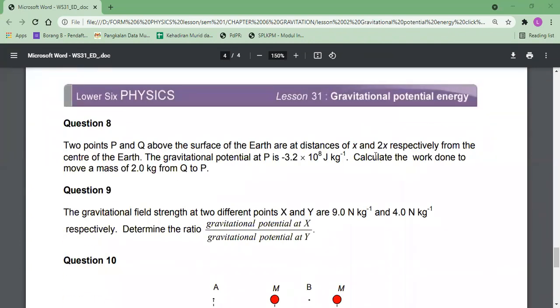Points P and Q above the surface of the Earth are at distances of x and 2x respectively from the center of the Earth. The gravitational potential at P is negative 3.2 times 10 to the power 8 joule per kg. Calculate the work done to move a mass of 2 kg from Q to P.